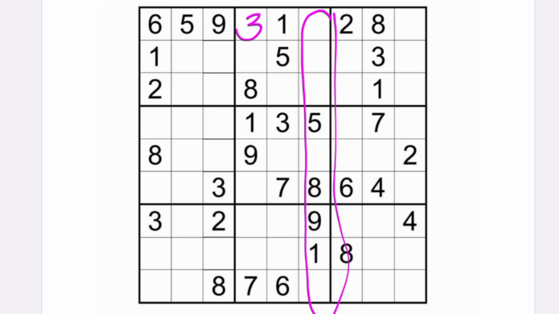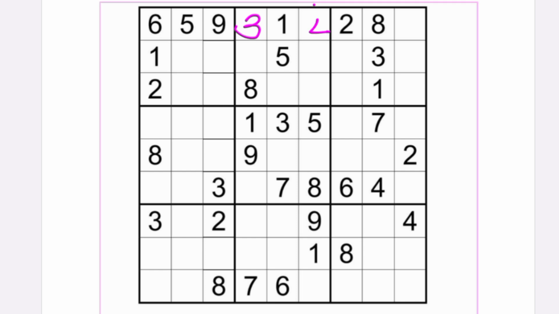Within a row, column, or subgrid, if a number only appears in the possible candidates, it's the only number that can go there. As we can see, there's no number 4 here and also no number 4 there. So let's put a number 4. Number 3, number 4.